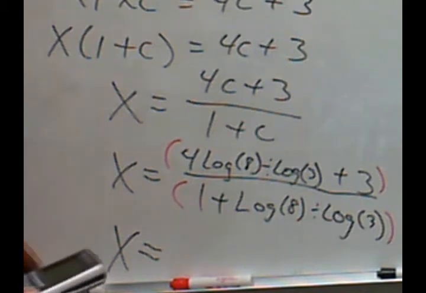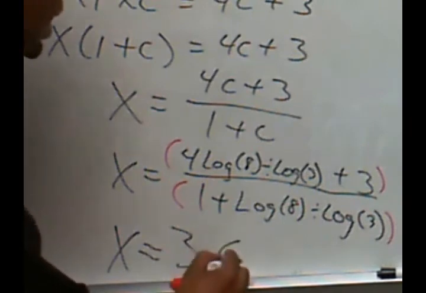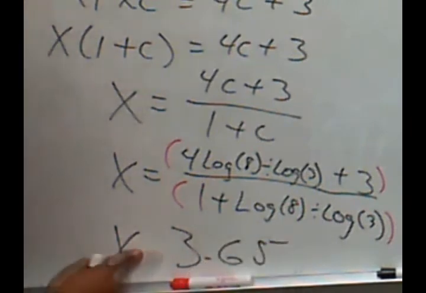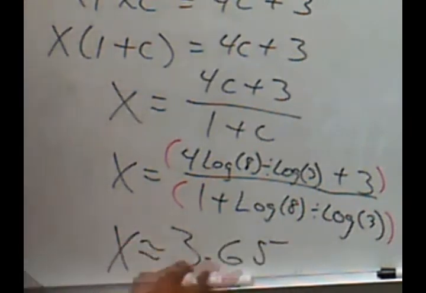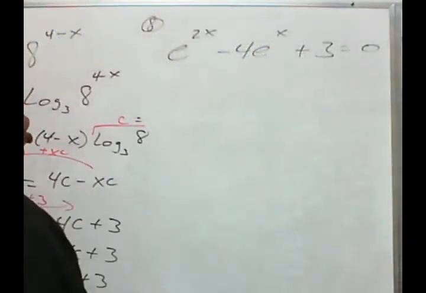And I get 3.65. And this is an approximation because we had to round. Number 8.